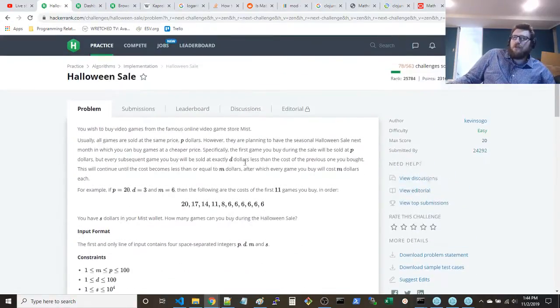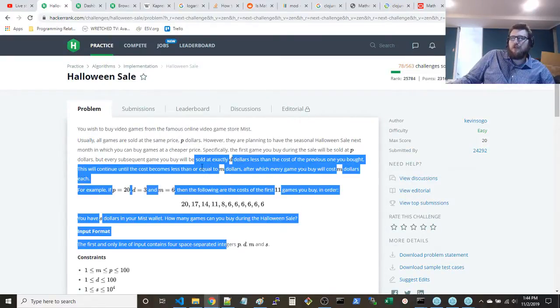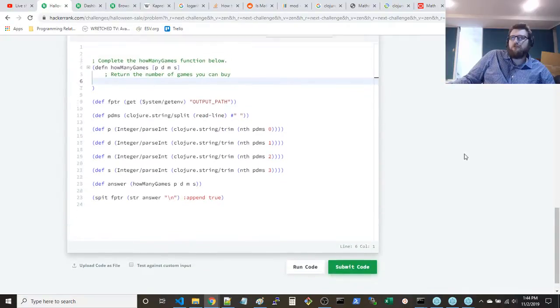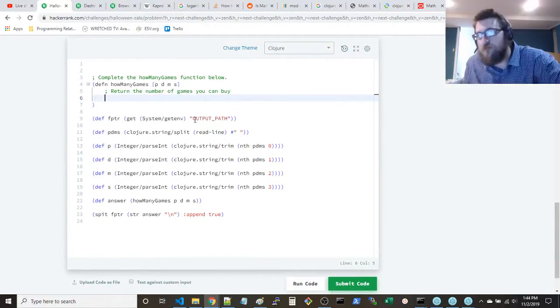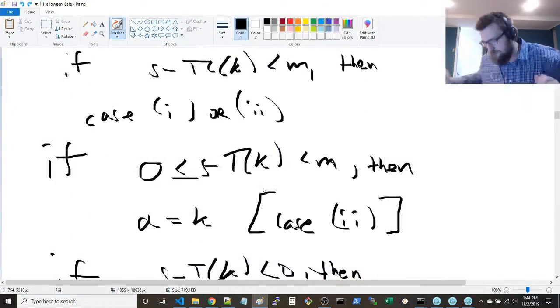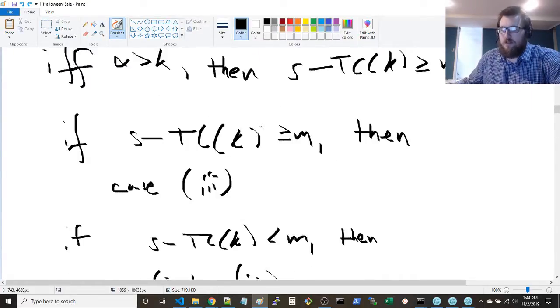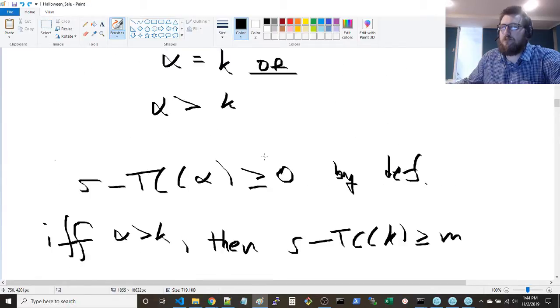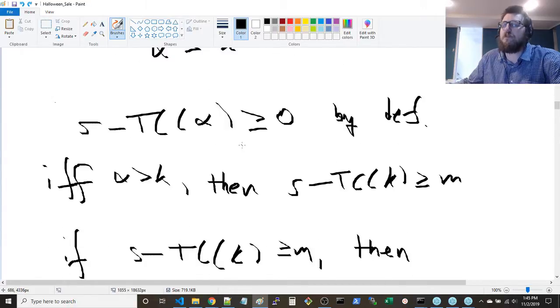And finally, we want to get the total number of games we can get. All right, so let's do this. So we've got S minus T alpha greater than 0. So we've got a few calculations.